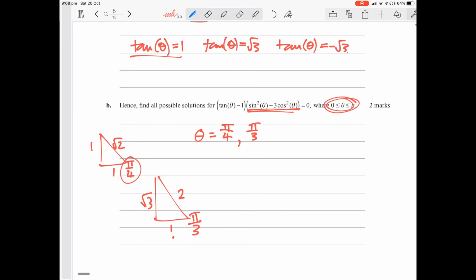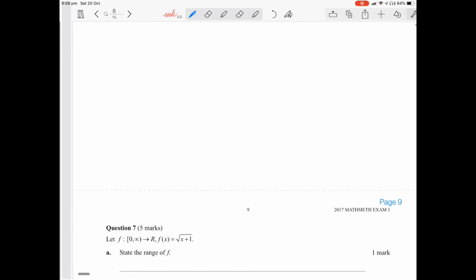If tan theta equals negative root 3, that's the same thing, but it's in the second quadrant, because tan is negative in the second quadrant, so it'll equal 2 pi on 3. Because if it's pi on 3 there, it's pi minus pi on 3 there. So they are our 3 solutions.